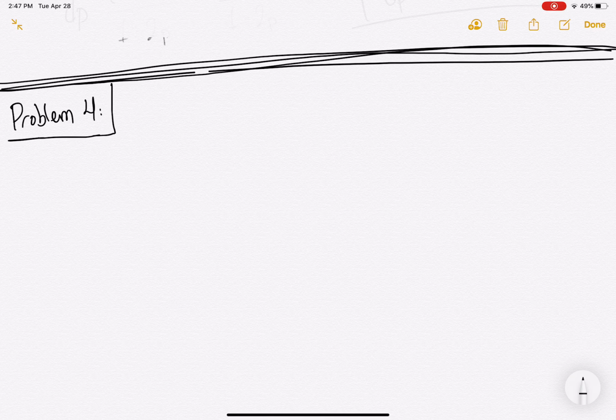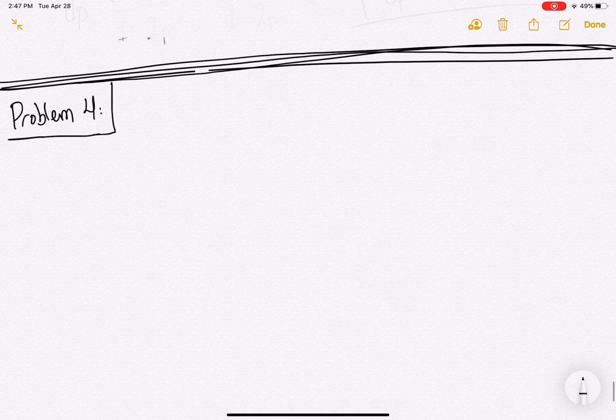Running at v miles per hour uses up E(v). So I'll just write this down.